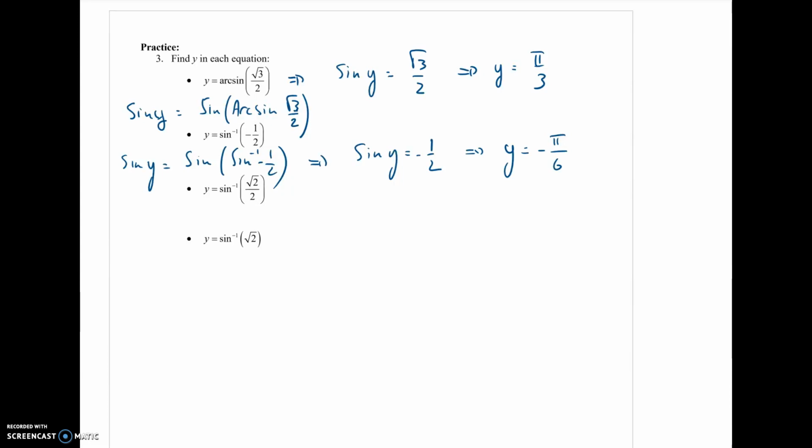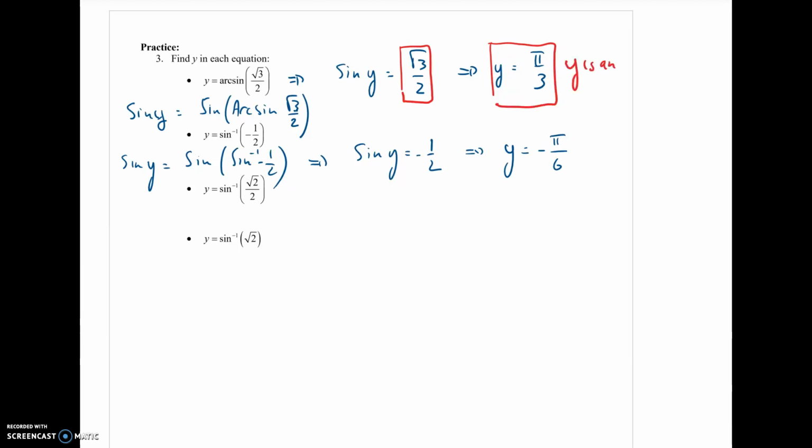You take the sine of y and the sine of arc sine of square root of 3 divided by 2, which will be square root of 3 divided by 2. And what is the value of the angle that gives you a sine equal to square root of 3 divided by 2? The angle y equals pi over 3.